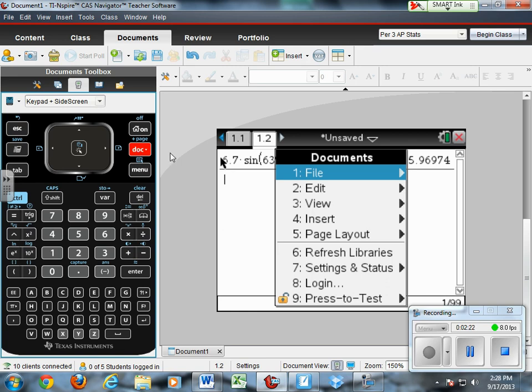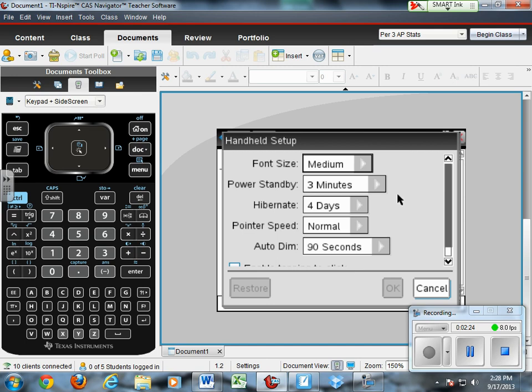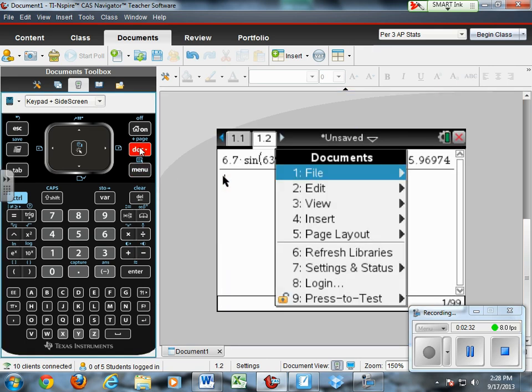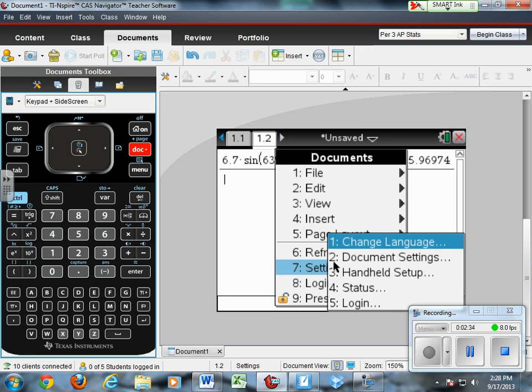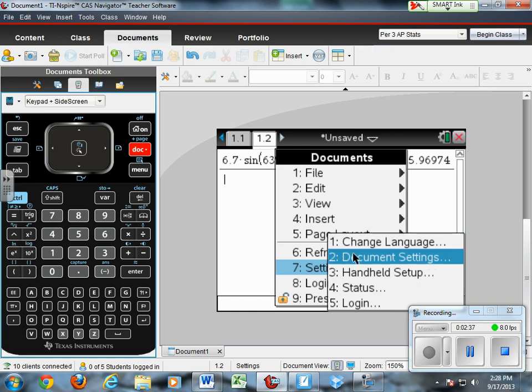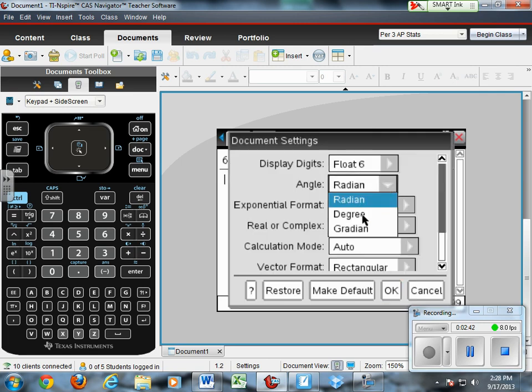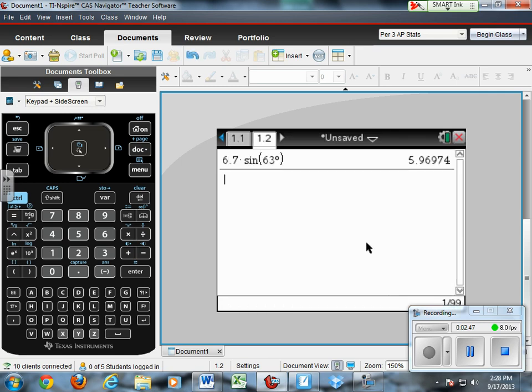Push the doc button, go to settings and status, then document settings, and then I can change my angle to degrees. Right now I've just made it for this document only. So now if I type in 6.7 sine of 63, it'll calculate it as degrees automatically. So those are your two options.